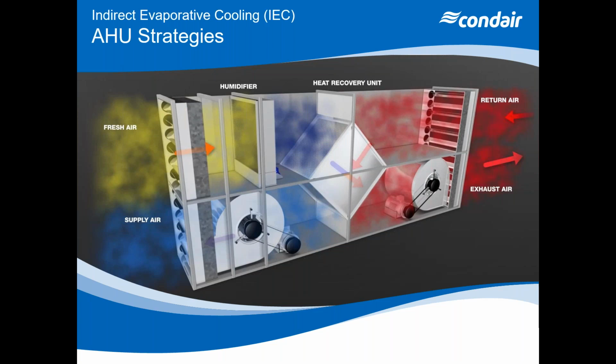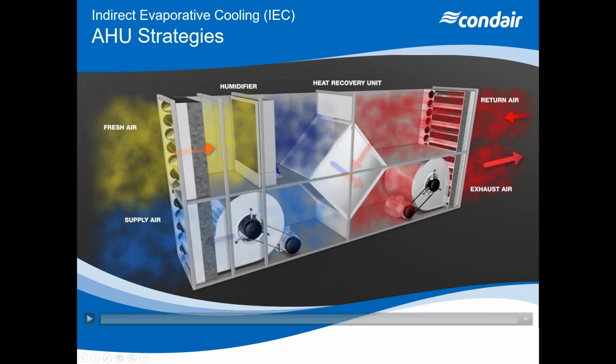We'll be decreasing the temperature to its maximum potential. But of course, we don't want the relative humidity in the space to increase. So we use the heat exchanger like we would a coil. So we put that cool air through the heat exchanger and we just exhaust it.